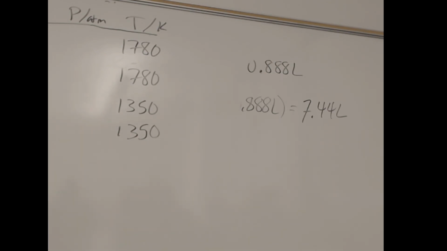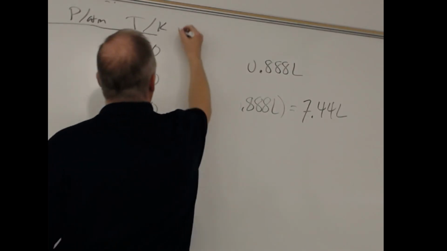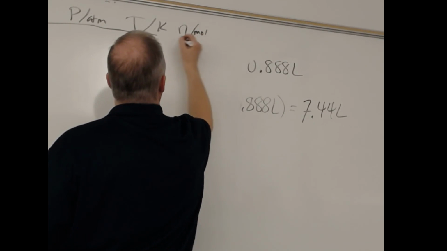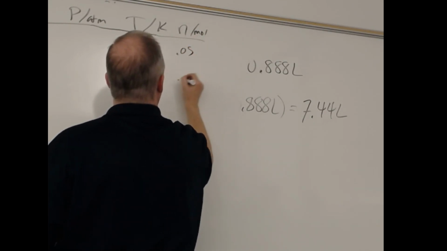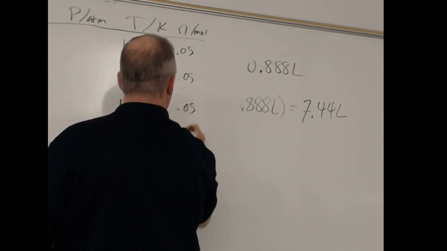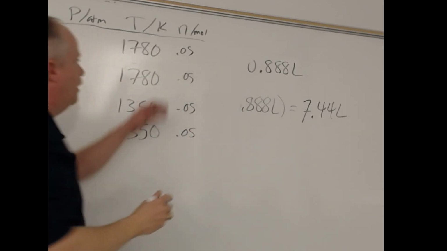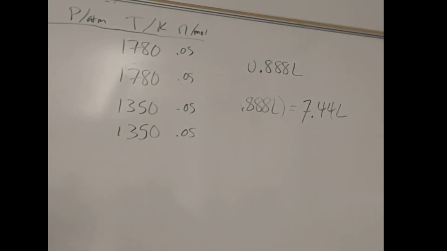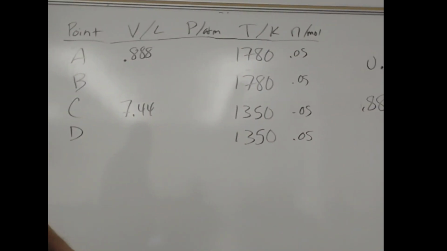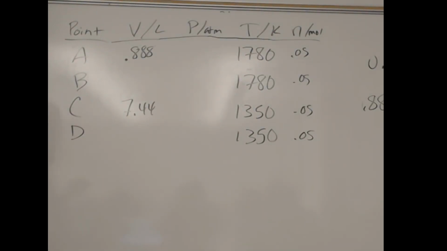Okay, so we're off to a good start. We also know the number of moles. I only put that on there, I mean, it's redundant. It's the same for all 4 points. But the thing is, you can look at it, and then see for PV equals nRT, we've got one unknown, and we have the gas law.